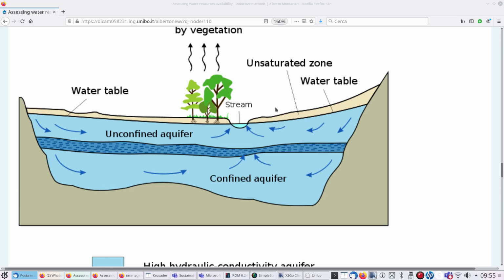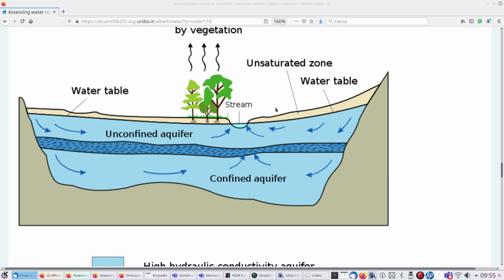And typically we drill these wells because we need to take water. And then as we take water, we monitor the water level. The water level is an indication of the aquifer pressure energy. And also it's an excellent indication of how the aquifer reacts to pumping, to water withdrawal.